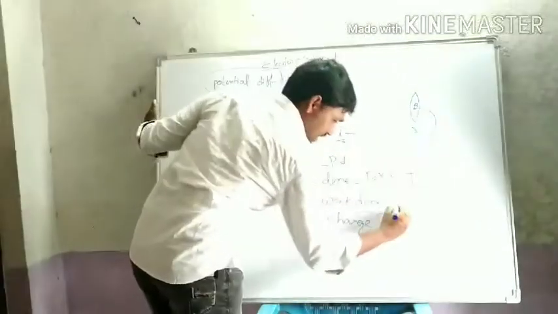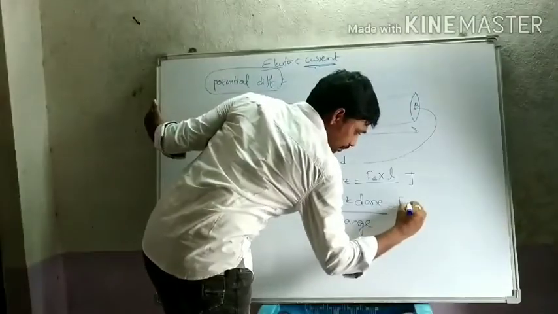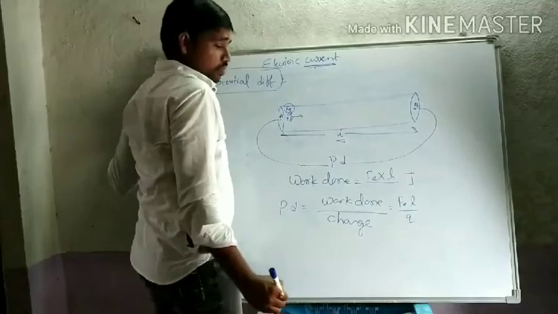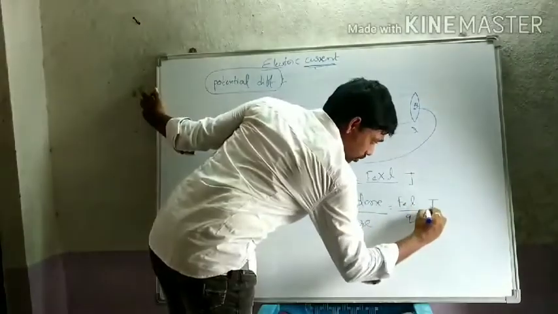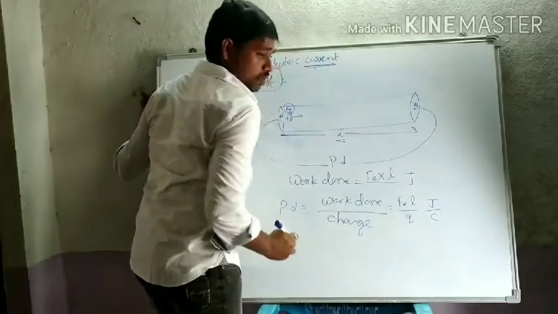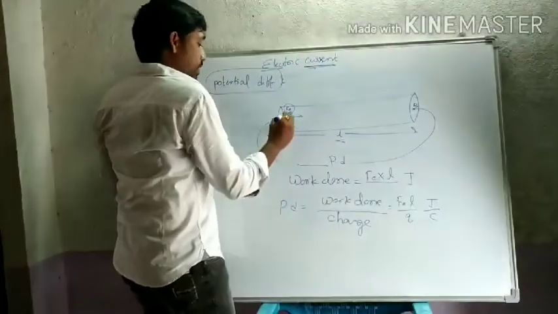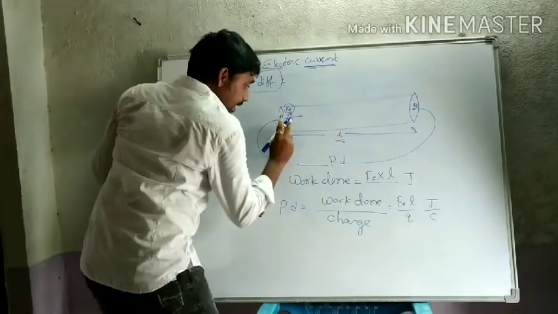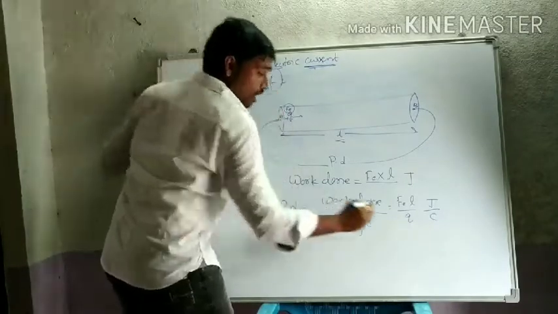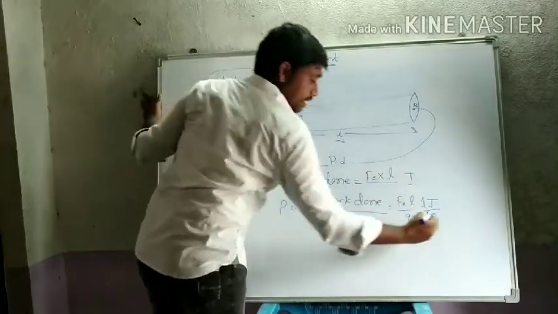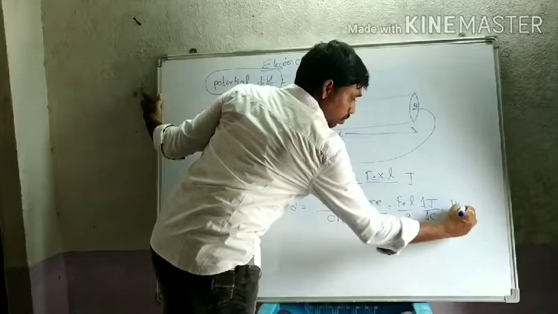Work done is Fe into L upon charge Q. Units are joule per coulomb. So when the force applied on a charge does 1 joule of work on 1 coulomb, it is called 1 volt.